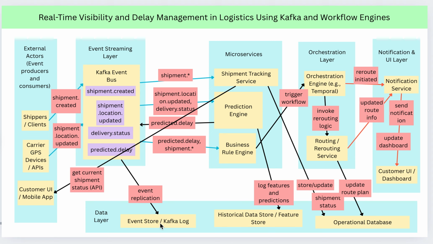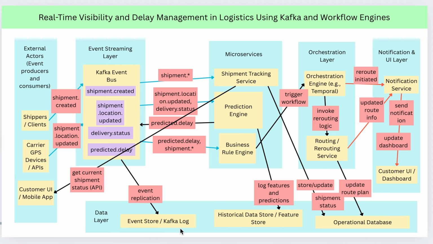Then we have the data layer here. Here we have the operational database. This stores latest shipment status, location, and reroute data. It handles read and write operations by tracking and routing services.